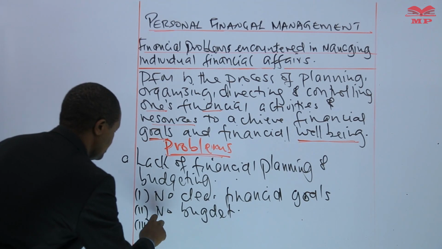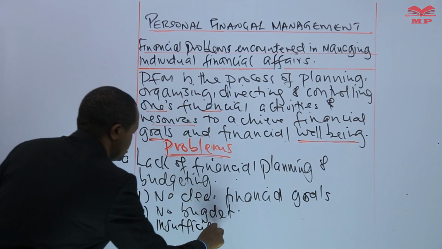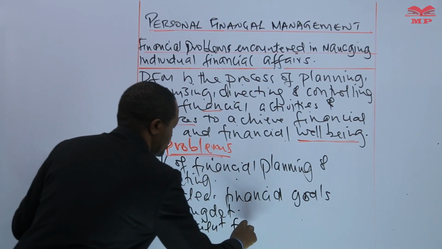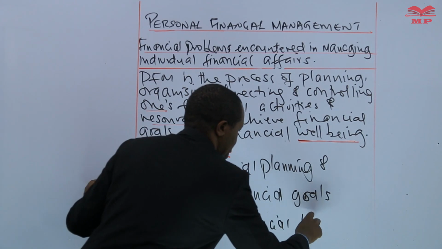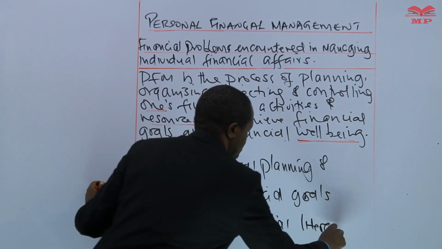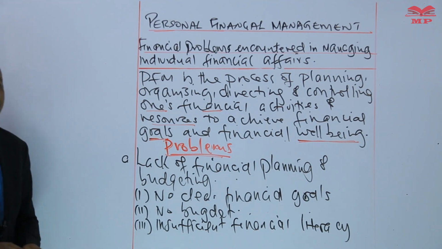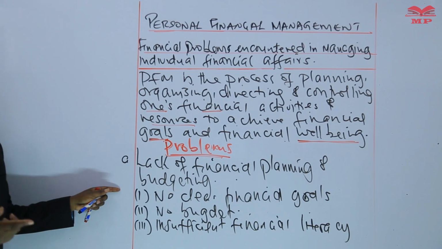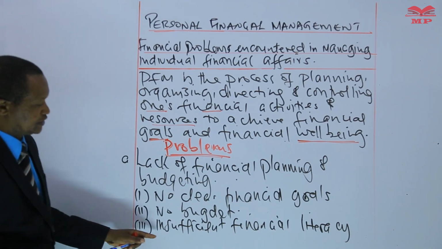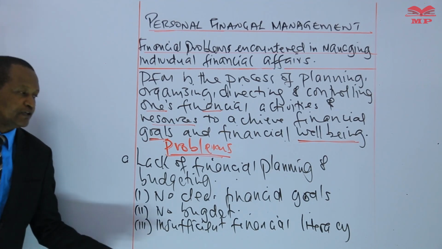Number 3, insufficient financial literacy. Insufficient financial literacy is also a problem encountered in managing individual financial affairs. Do you understand?